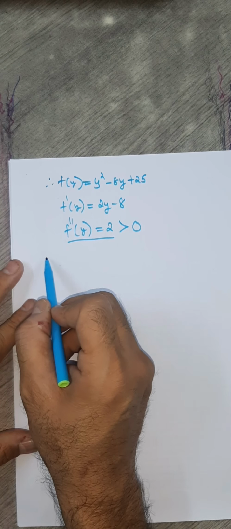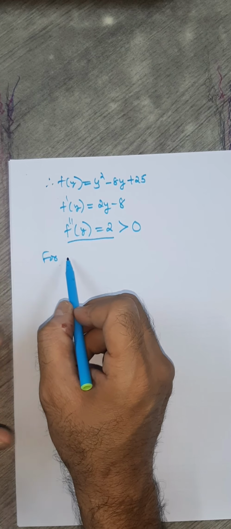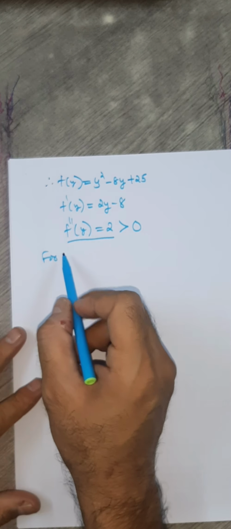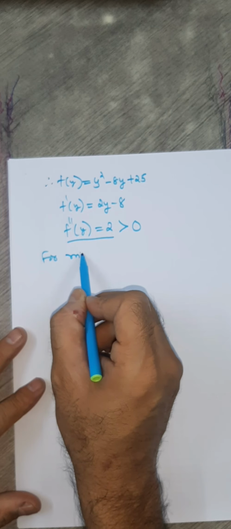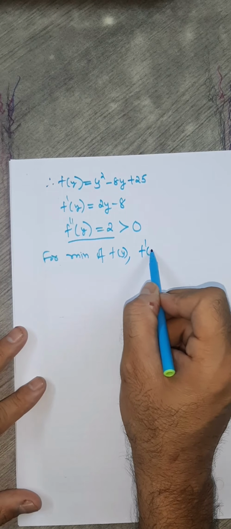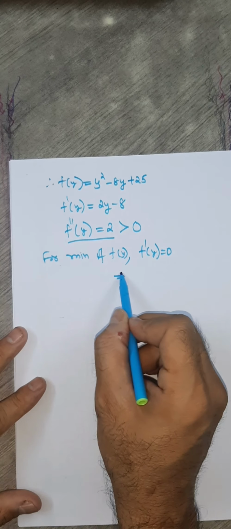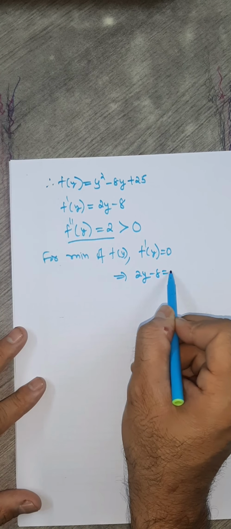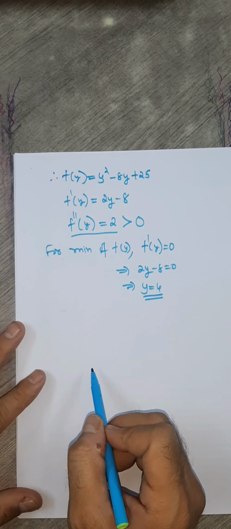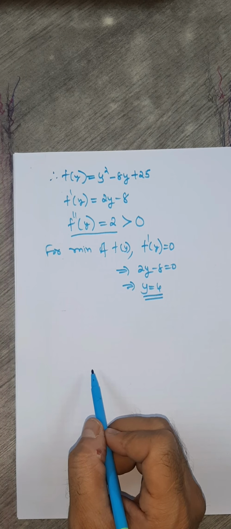Therefore the function must have what? Minimum value. You are asked for nearest. Nearest means the distance function should be minimum. So for the minimum of f of y, the first order derivative must be 0. So 2y minus 8 must be 0. So y must be 4.